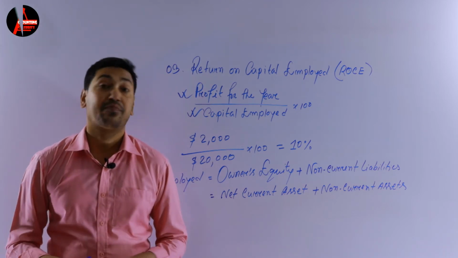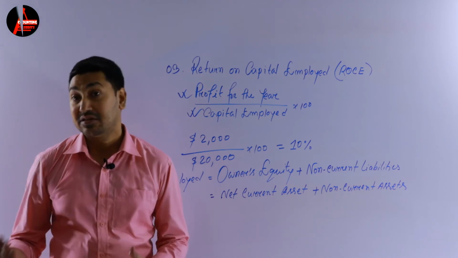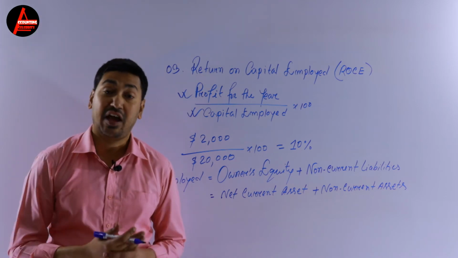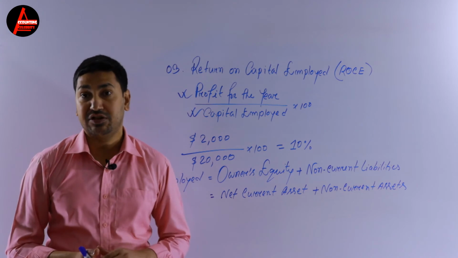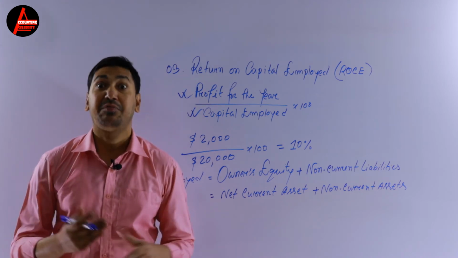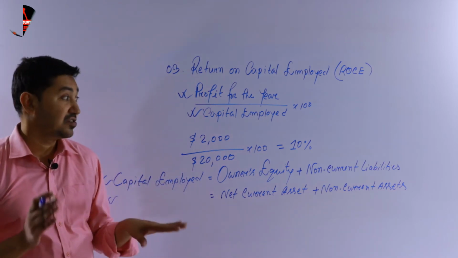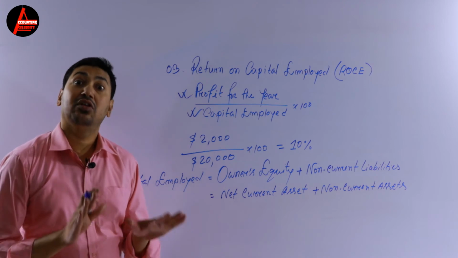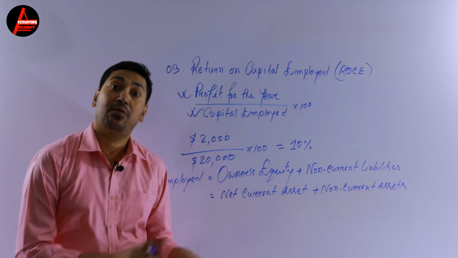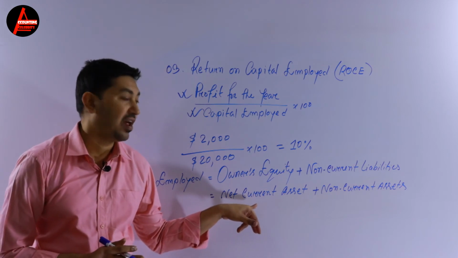What about our current assets? Like bank balance, cash in hand, petty cash, then trade receivables, other receivables, inventory. These are your current assets. So we subtract all of your current liabilities from your current assets, then you will get your net current assets.